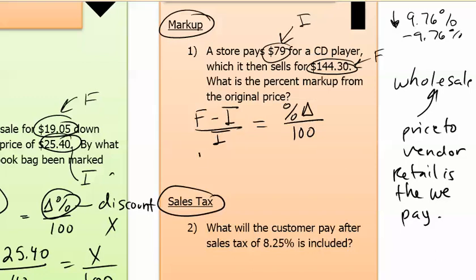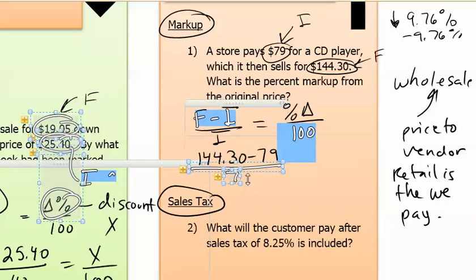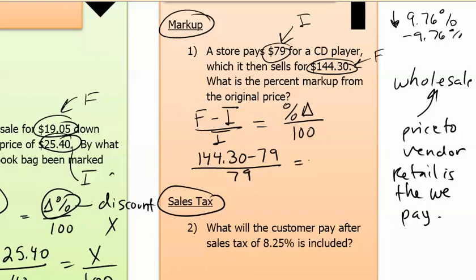So the final is 144.30, minus 79, which is our original, divided by 79, equals X over 100. Let's calculate what 144.30 minus 79 is.